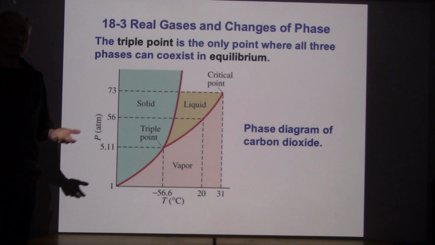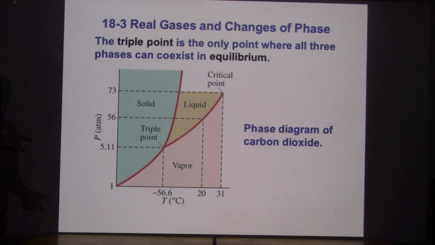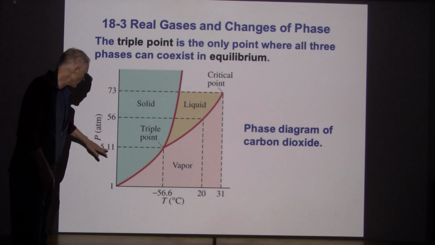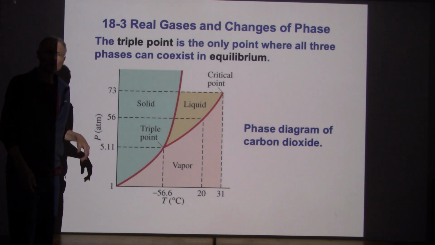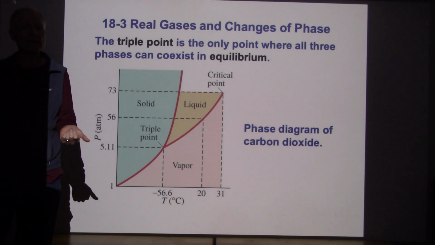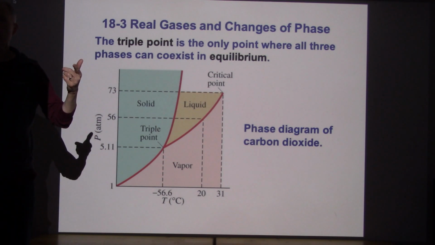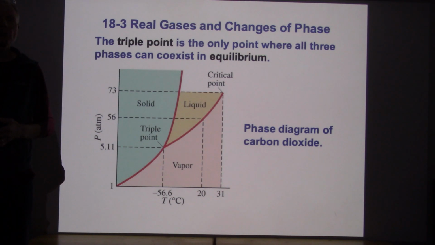Now, does carbon dioxide ever exist as a liquid? That's a good question, and it does. Carbon dioxide exists as a liquid, but only if the pressure is at least 5.11 atmospheres. So we need something greater than 5.1 atmospheres in order to see liquid carbon dioxide.